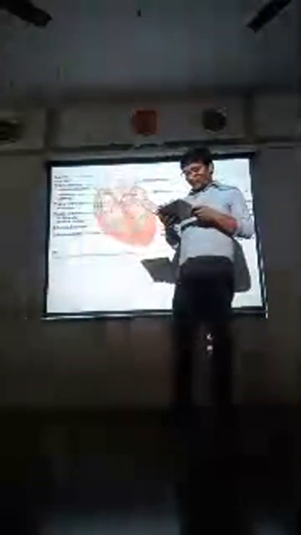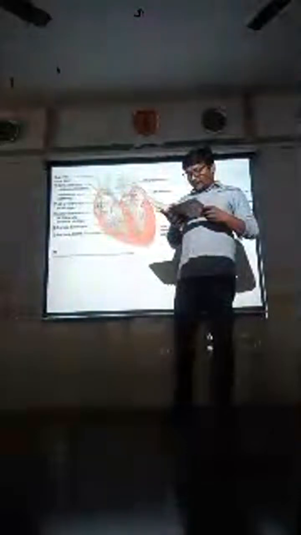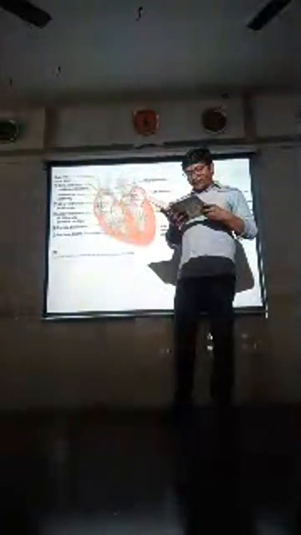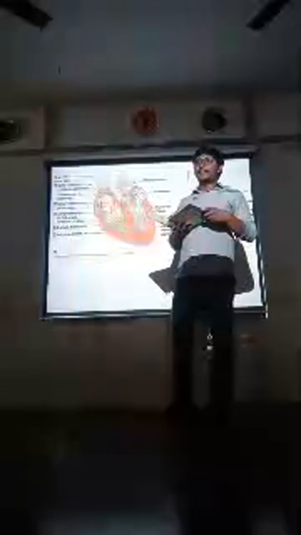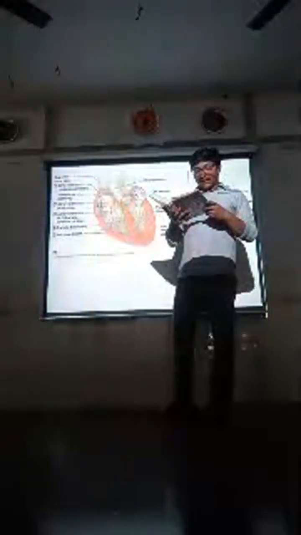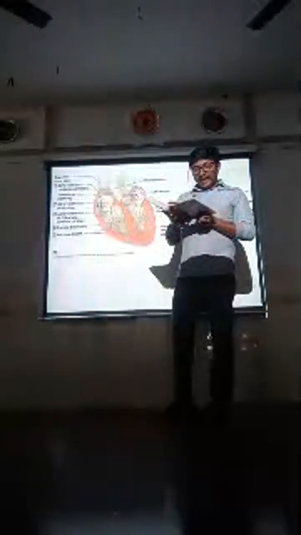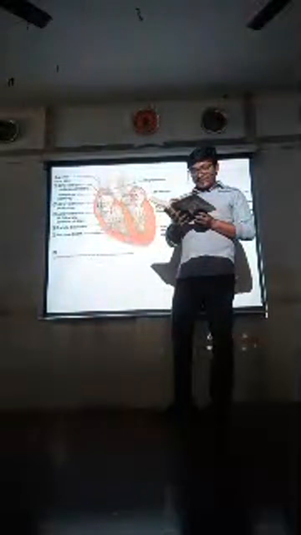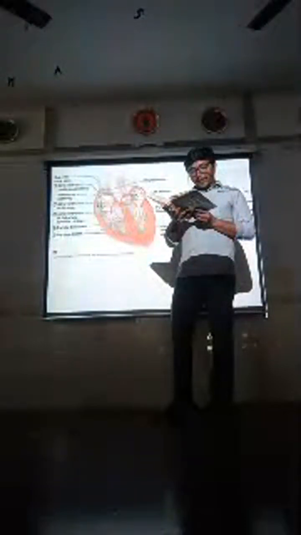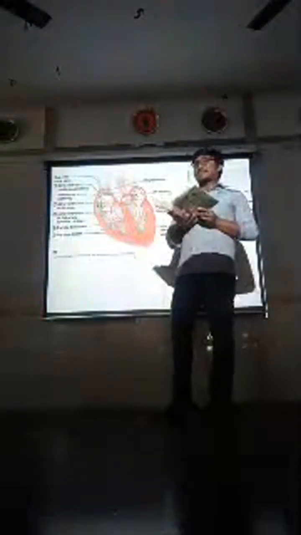Just see. The Bundle of His is located beneath the endocardium on the right side of the interventricular septum. It begins at the atrioventricular node, crosses the AV ring and descends along the posterior inferior border of the membranous part of the ventricular septum.